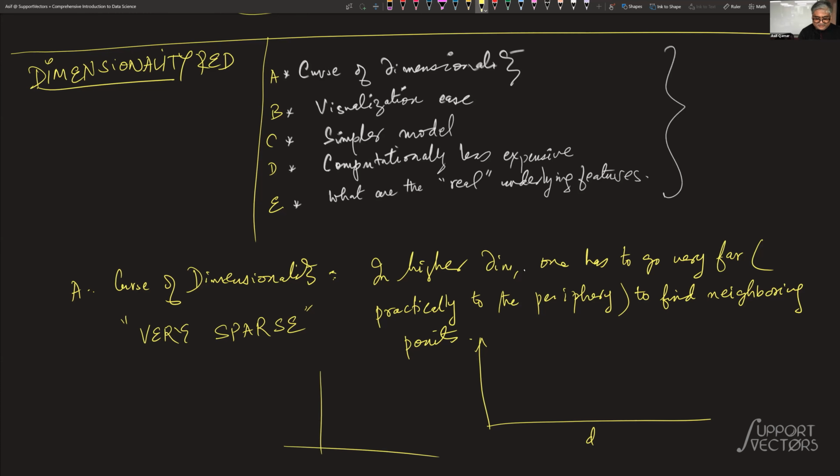Suppose you have a data distribution like this. Then if you plot the distance to the neighbors for any one point, whatever point you take, you will find that they are all well-shaped, something like this. And those distances are short, quite short.